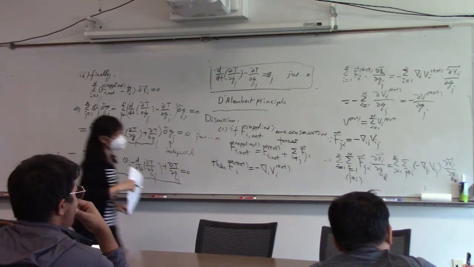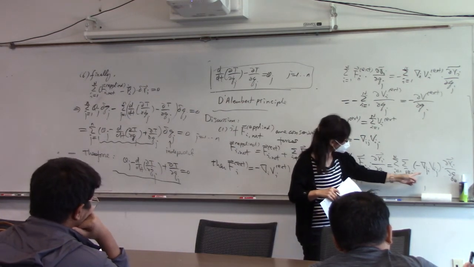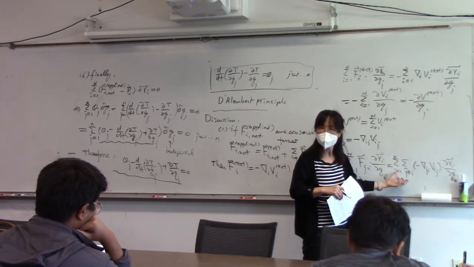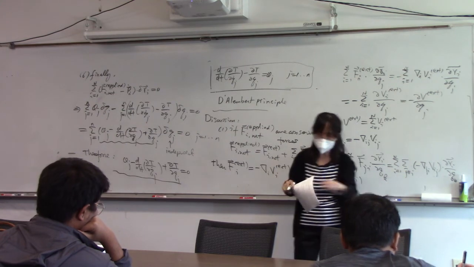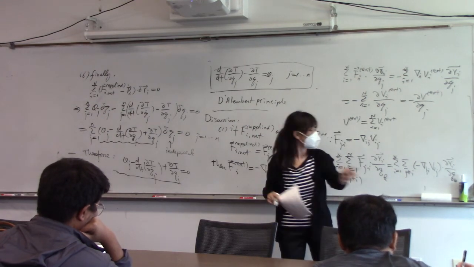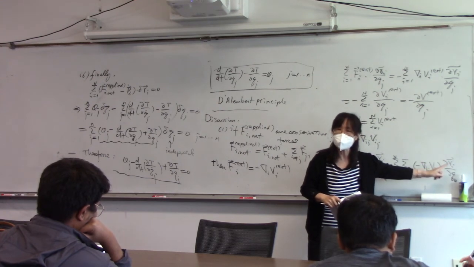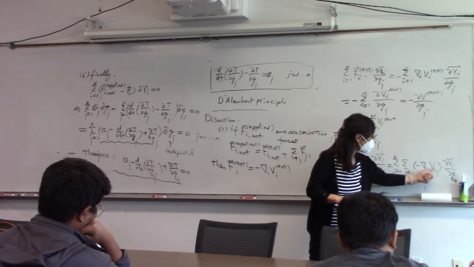I think we already did something similar, so I will not go into detail. Here, this summation, we can write in pairs. For i from 1 to n and j, because this all appears as ij and ji, we have ∂r_i and another ∂r_j.